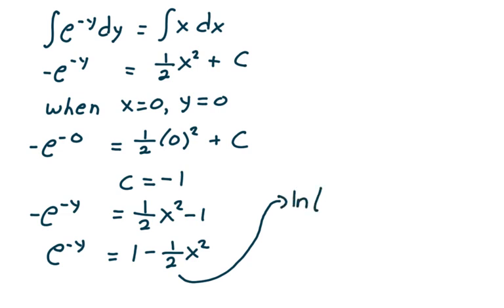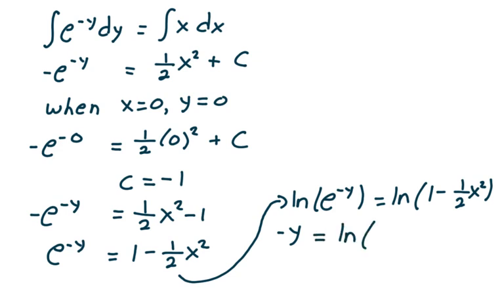So natural log of e to the negative y is the same as natural log of 1 minus 1/2 x squared, which says negative y is natural log of 1 minus 1/2 x squared.